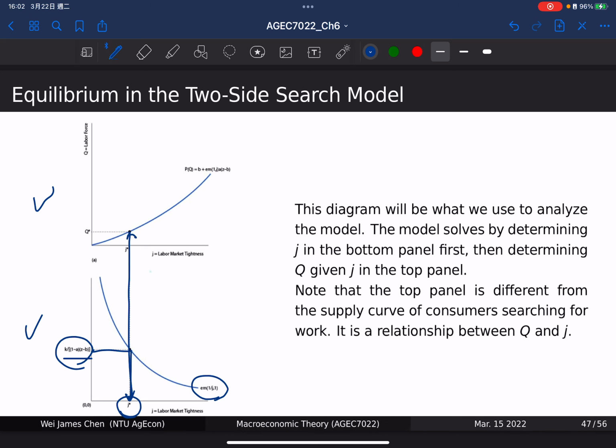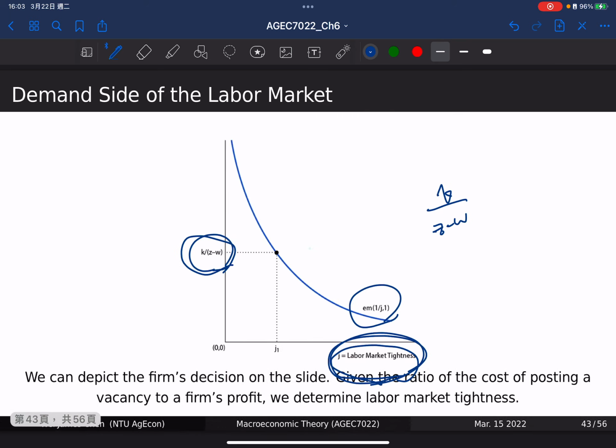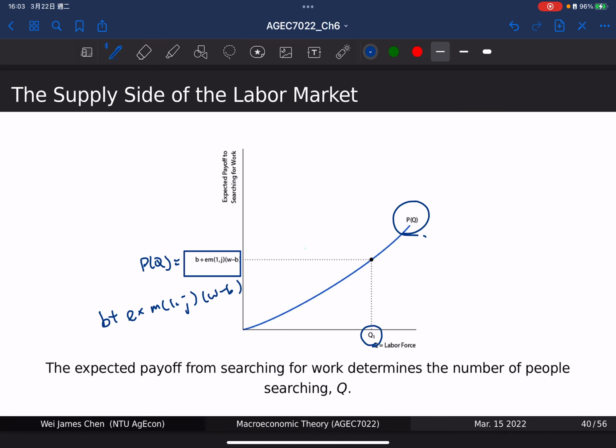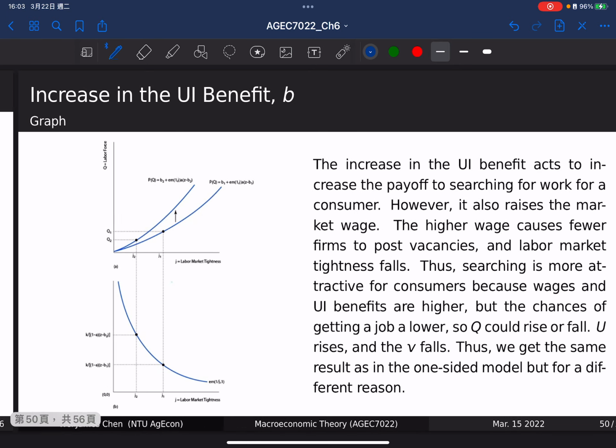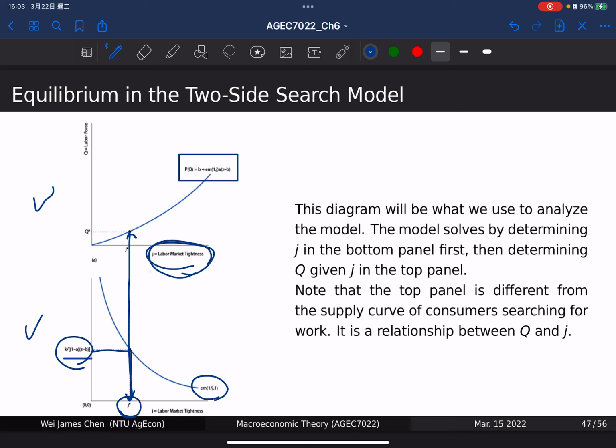And after the tightness is found, I can come back to this graph. Here, I write labor force. This is a little bit different and is very confusing to some students, so be careful here. The x-axis here is labor force. But now I change the x-axis here to be the labor market tightness, while here I keep it as the labor force.